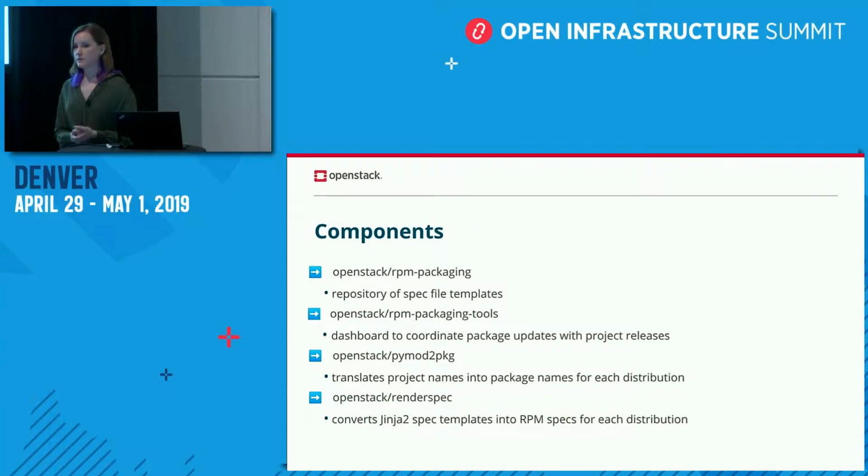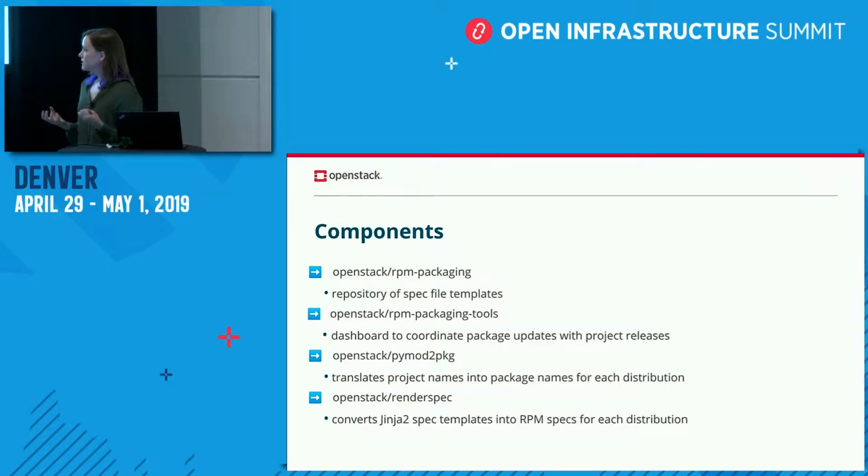Some of the components involved in this project. The main one is, of course, the RPM packaging repository itself. That is the central hub for all of the spec file templates that we use to generate these RPM packages. RPM packaging tools is just a way of having a dashboard that gives us a visualization of when we need to be doing these package updates and coordinate with what happens with the upstream projects.